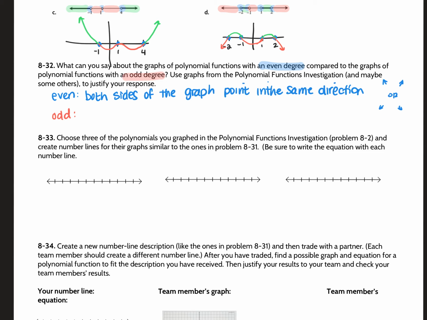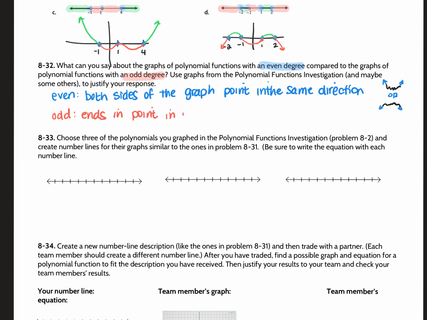So what's happening in the middle is irrelevant, right? The graph could be going absolutely insane in the middle, but as long as the ends are pointing up or down, it's even.